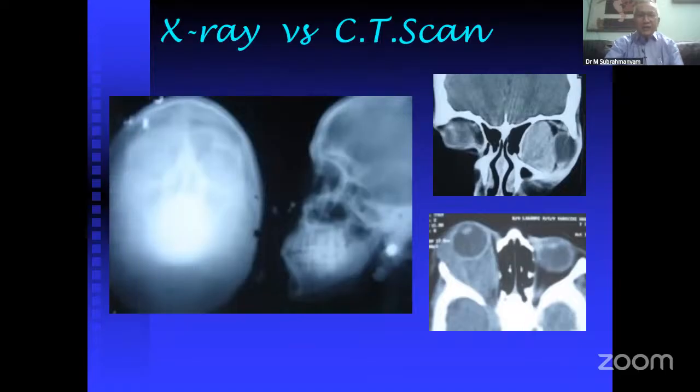Now let's look at the previous investigations, the X-rays. What information does the X-ray give us? Looking at this X-ray of orbital view and lateral view, to be honest with you, this is most probably an X-ray of a woman. How can I say that?